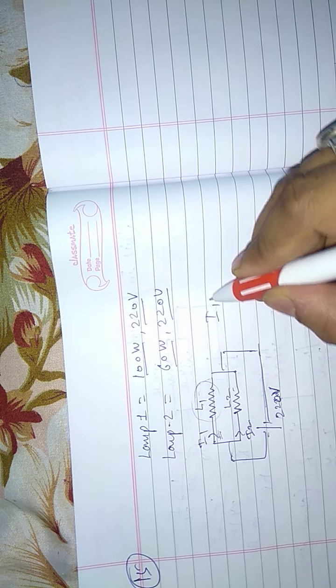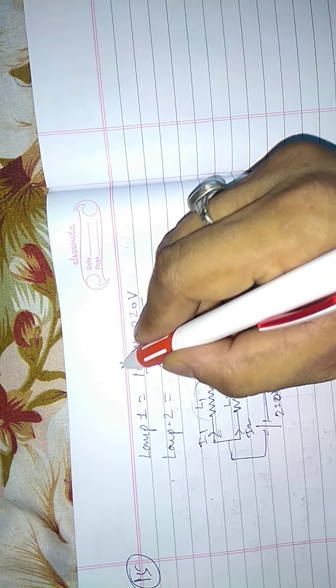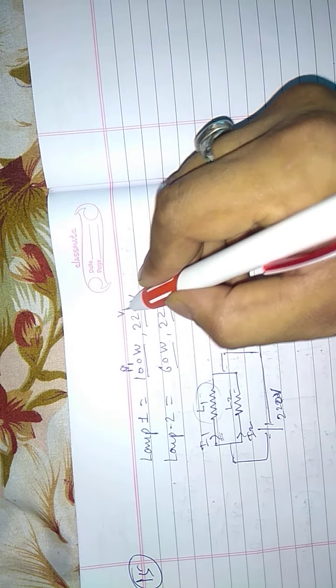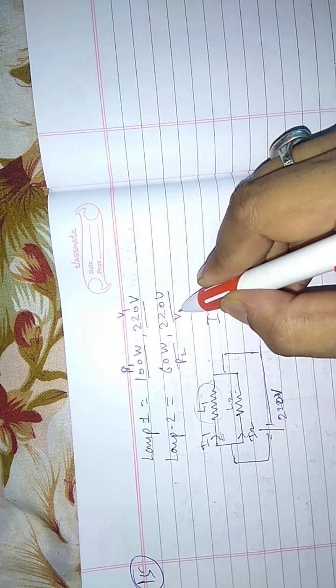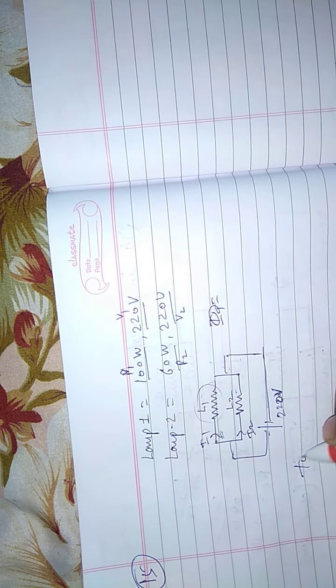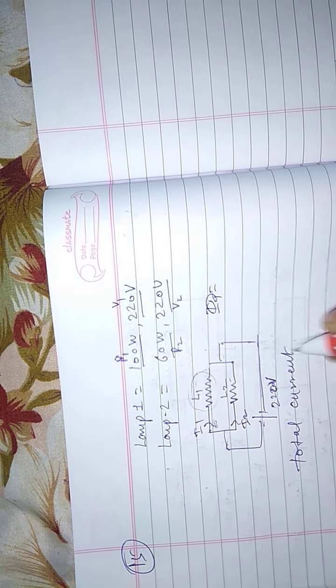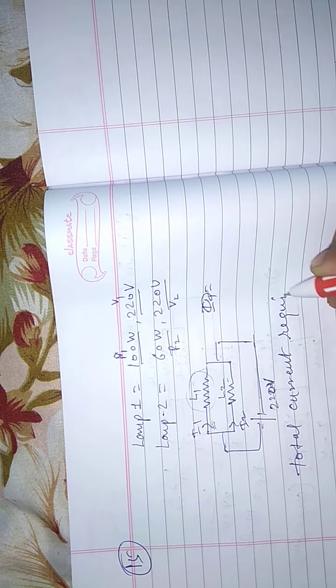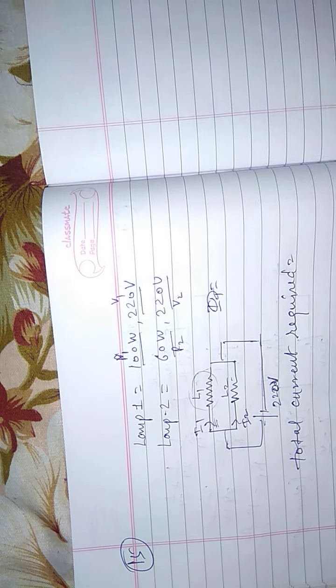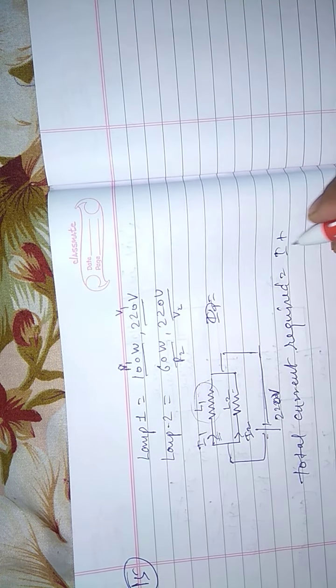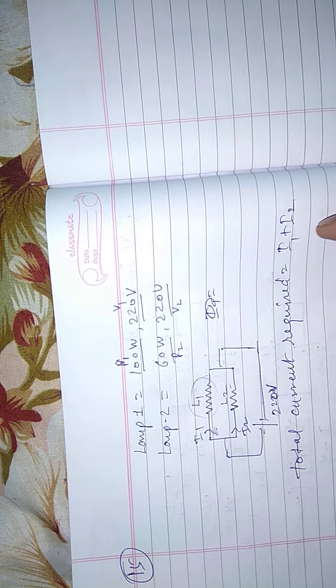Let this be P1 and V1, this be P2 and V2. The total current required is equal to I1 plus I2. This will be your answer.